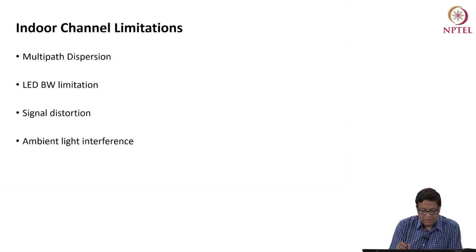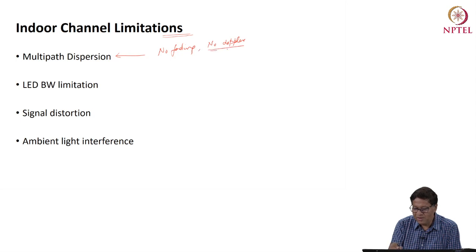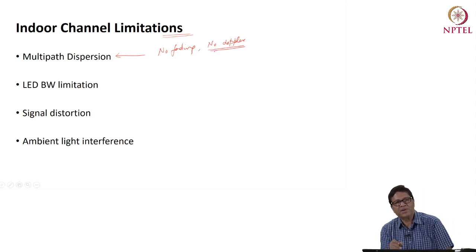Regarding indoor channel, we have studied indoor channel, and we also studied different limitations of the indoor channel. For example, multipath dispersion. So there is no fading. This we know. Initially we discussed this, and of course there is no Doppler effect because the receiver is not moving at high speed, and moreover there is no change of frequency happening when the receiver is moving.